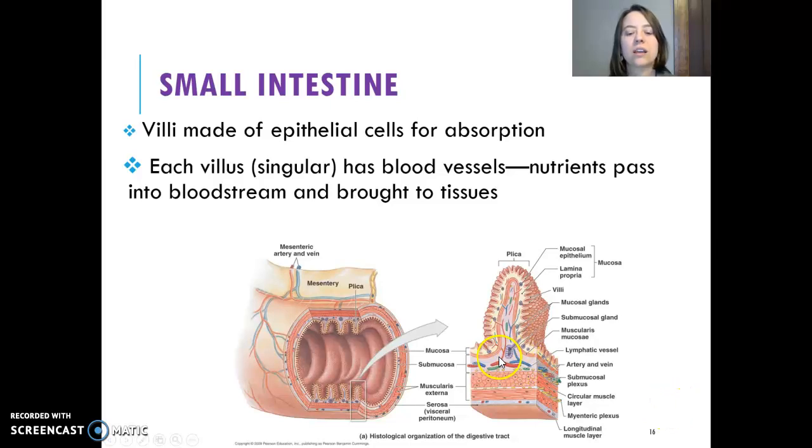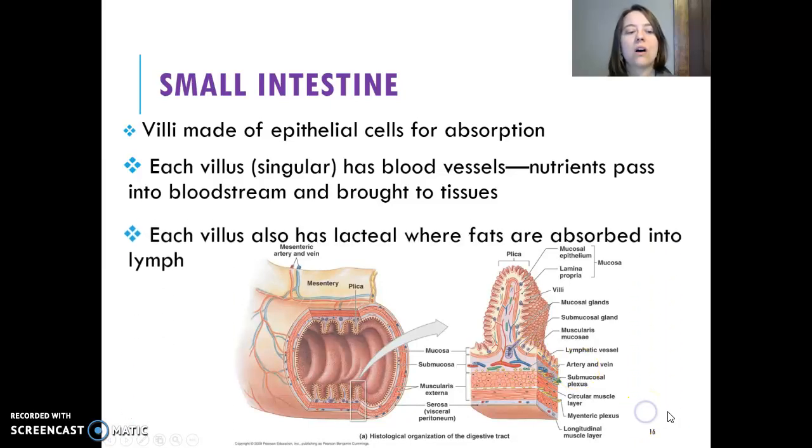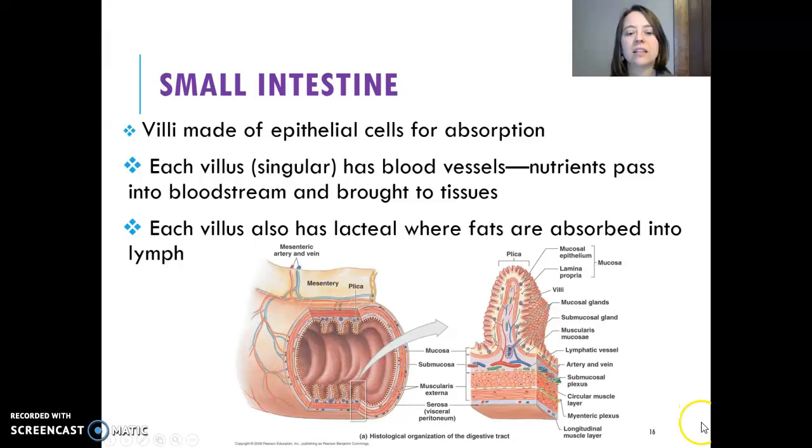So you can see the red and blue blood vessels are picking up the nutrients and bringing them where you need them. Also, each villus has a lacteal, which is, as you remember, part of the lymphatic system, and that is where fats are absorbed, and then they go into the lymph, which eventually goes into the bloodstream.